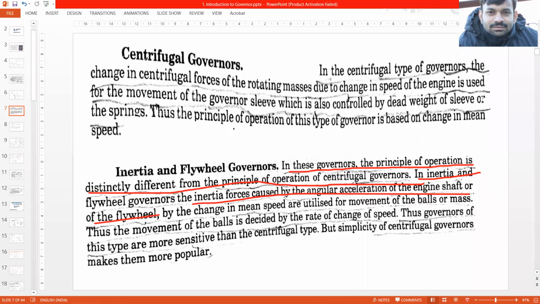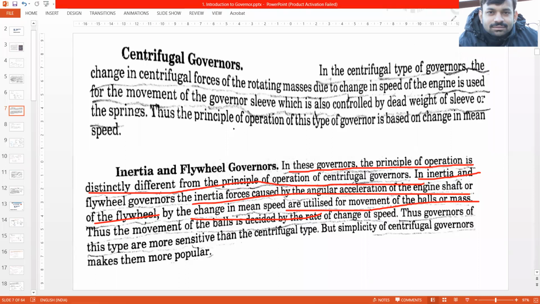Whenever there is angular acceleration in the engine shaft, as we already studied in the acceleration of engine mechanisms, or any change in speed, these inertia type governors sense that, and on that principle they change the mean speed, which is utilized for movement of the balls or the masses.